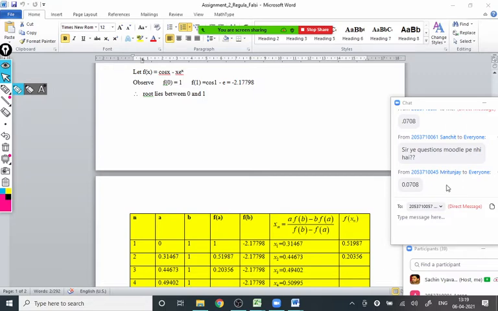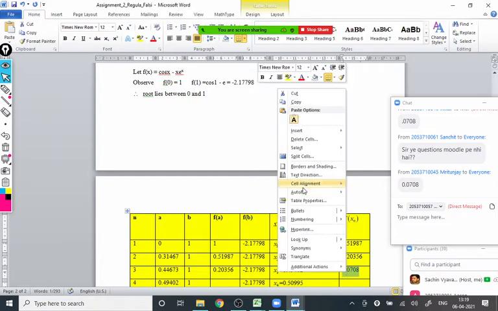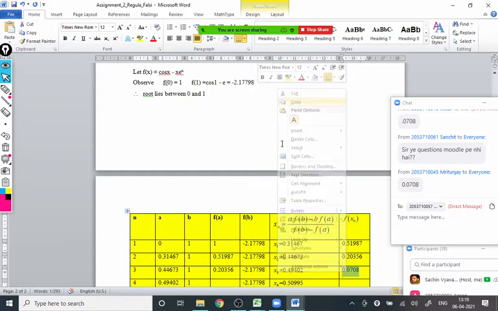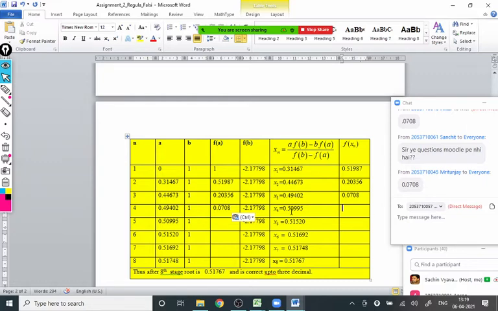Okay, point not 708, the answer given, these are correct. Okay, a few of you are giving me those answers. Okay, all of you are correct, 0.708. So that is correct. So the same value will go here. Now next value.